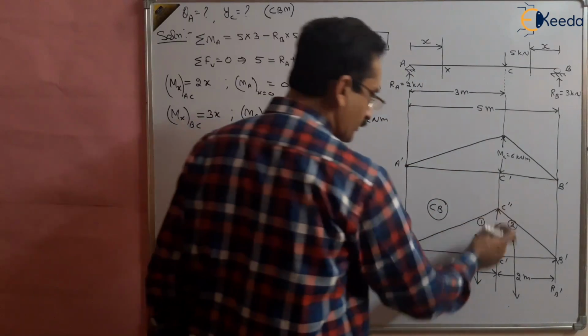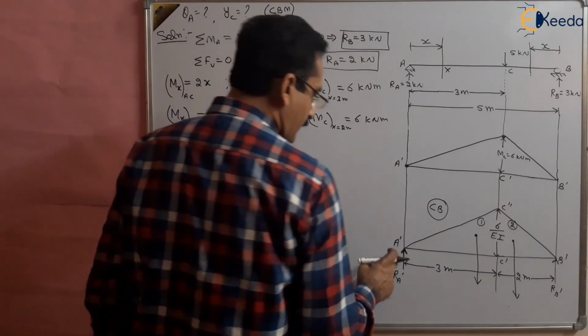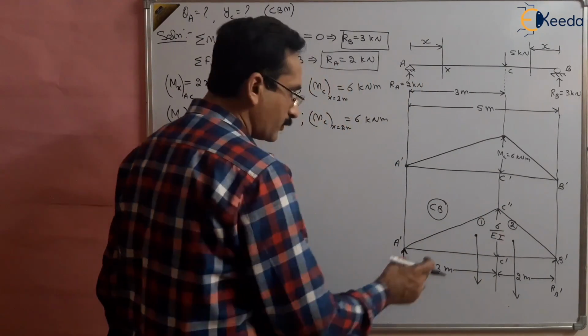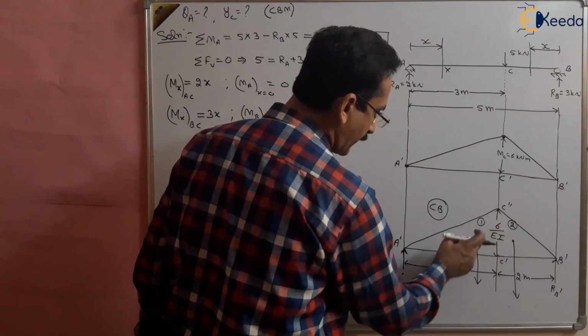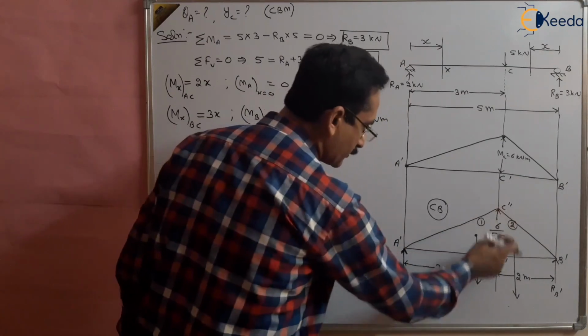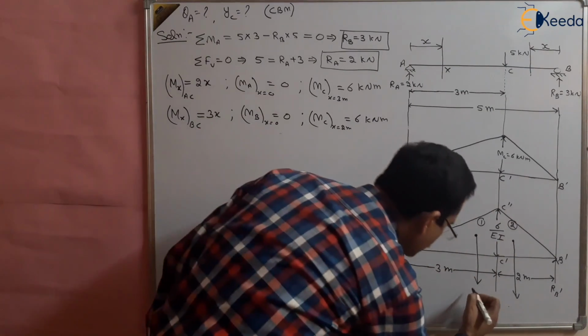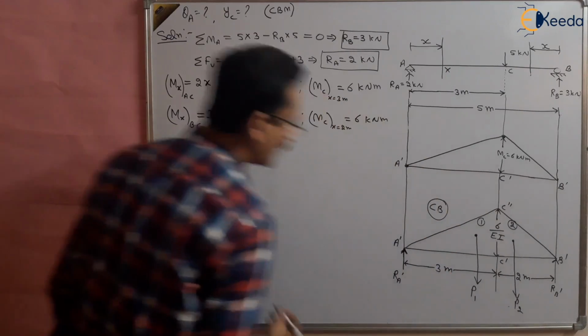This is a triangle, so half multiplied by base multiplied by height. So finding the reaction, what is the total load of triangle number 1? Suppose this is P1 and this is P2. What is P1?